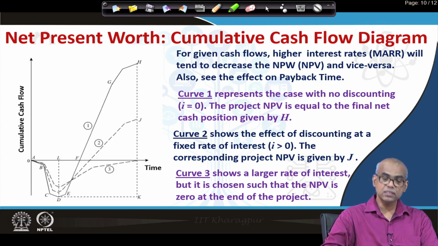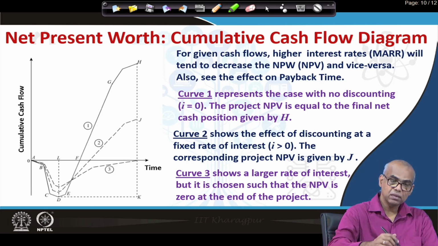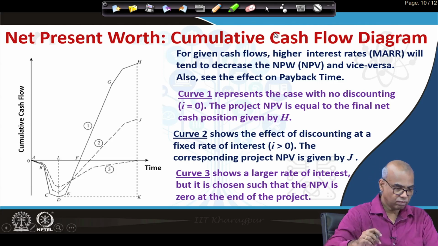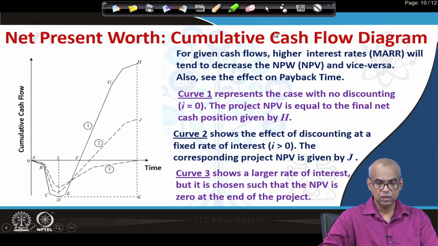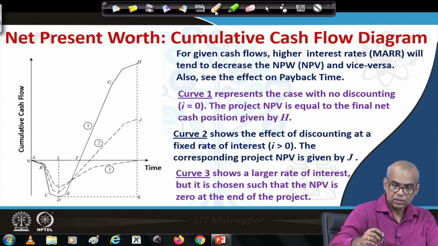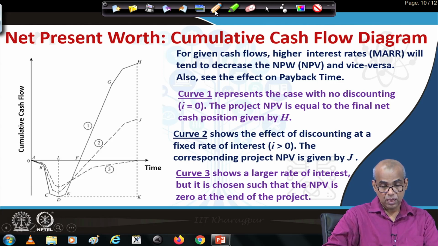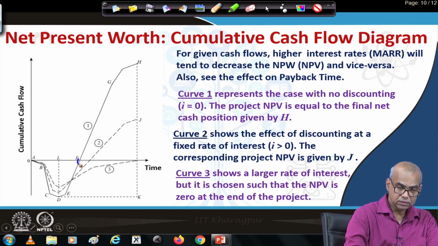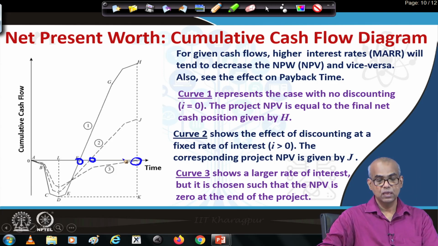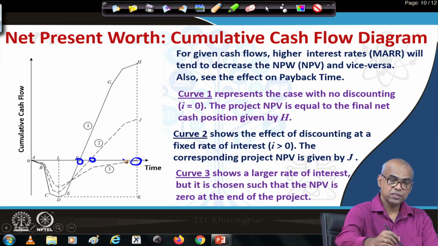If you further increase the rate of interest, NPV may be negative. Also look at, as you go on increasing the rate of interest, the payback period increases. So, the payback period also increases with higher interest rates.